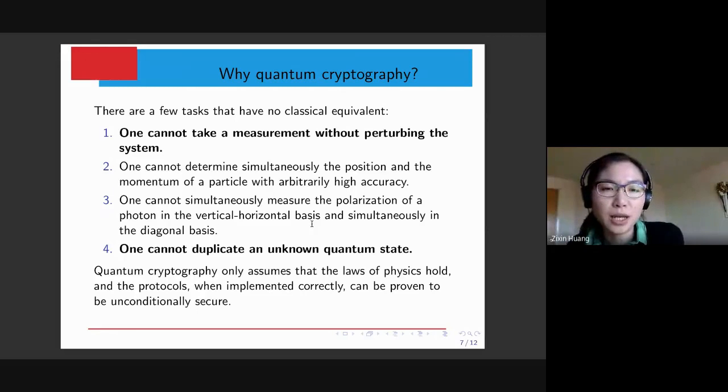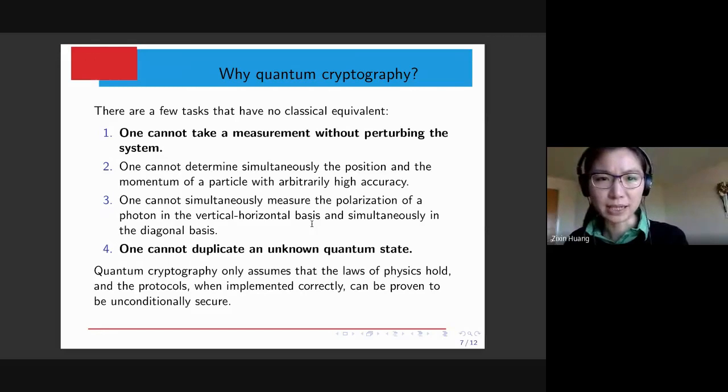The first one: one cannot take a measurement without perturbing the quantum system. If you have a quantum state and you perform a measurement on it, you will change the system. Here we talk about the collapse of the wave function and the Copenhagen interpretation, and so on and so forth. Secondly, one cannot simultaneously determine the position and momentum of a particle with arbitrarily high accuracy.